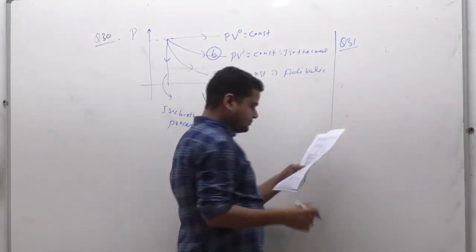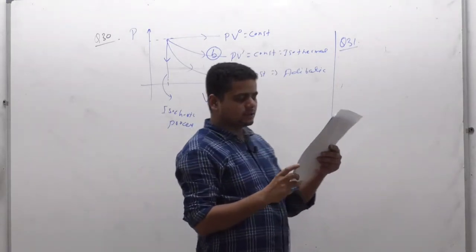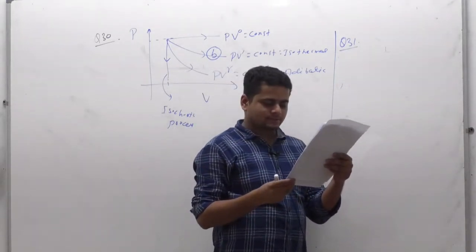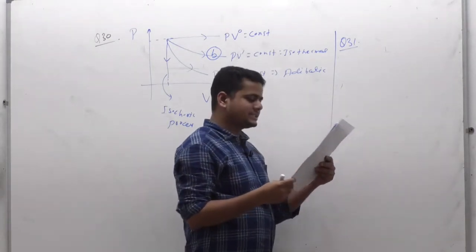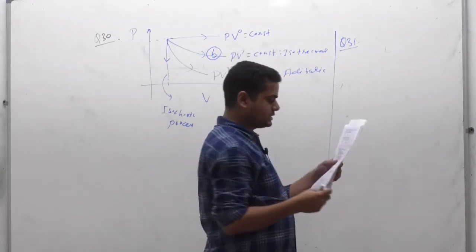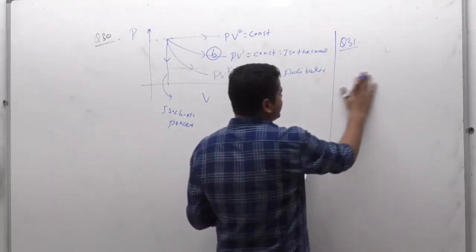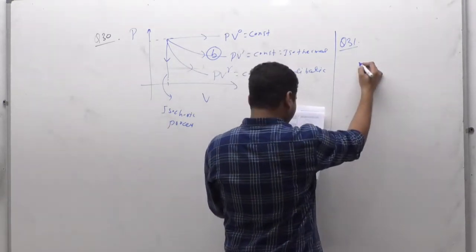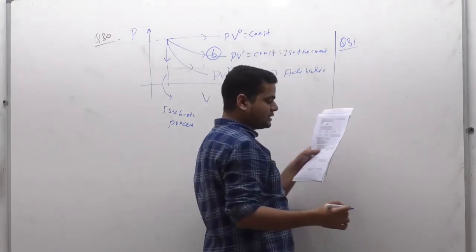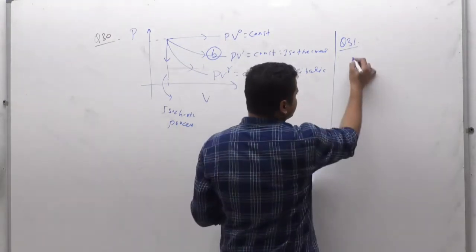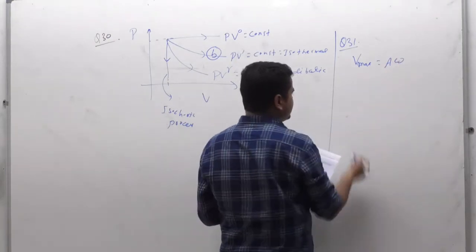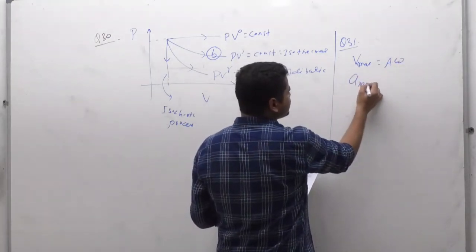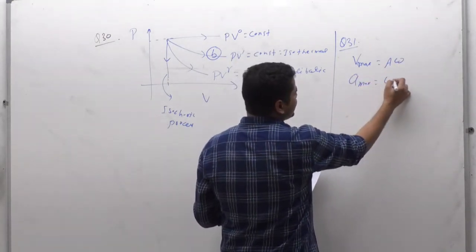In 31, what they have given: a particle undergoing SHM has a maximum speed of 30 centimeter per second and maximum acceleration of 60 centimeter per second squared. Find the time period of the oscillation. In SHM we know V max equal to A omega, and acceleration max equal to omega square into x.